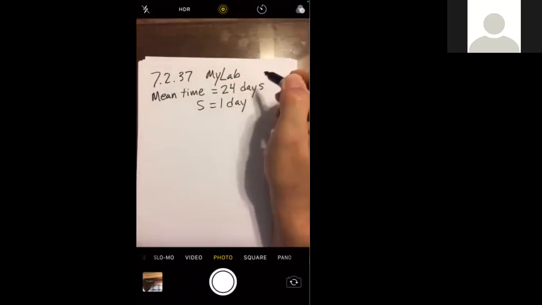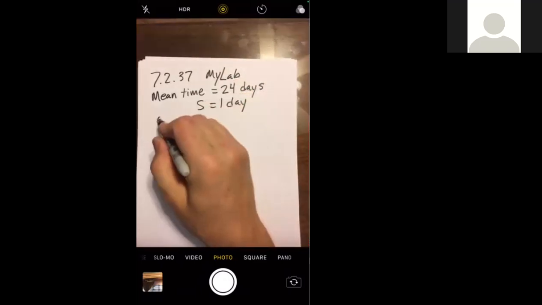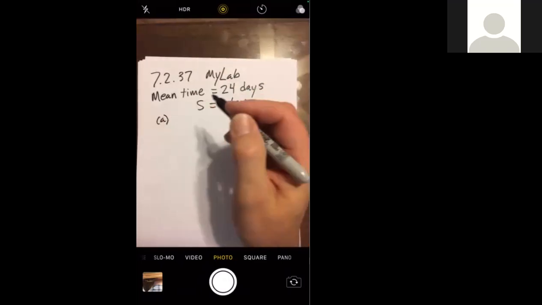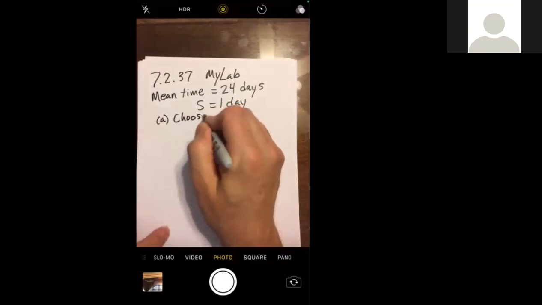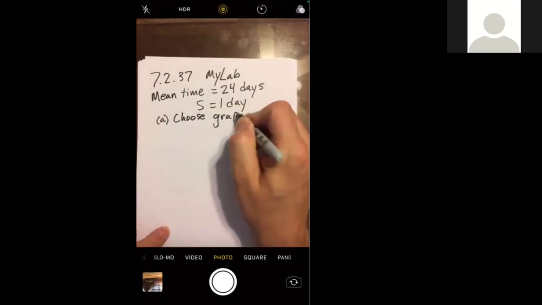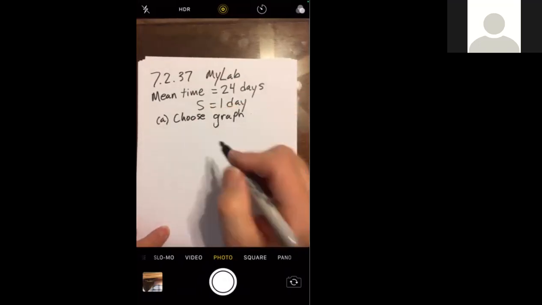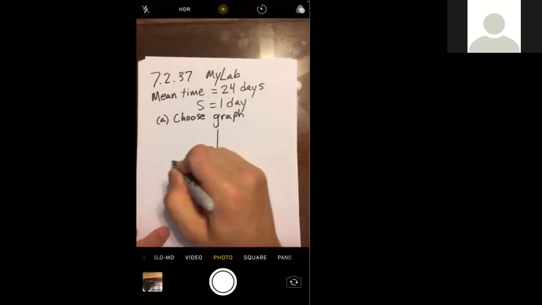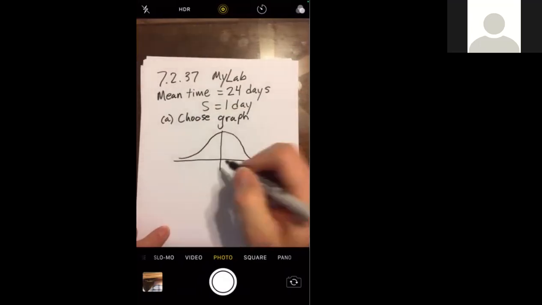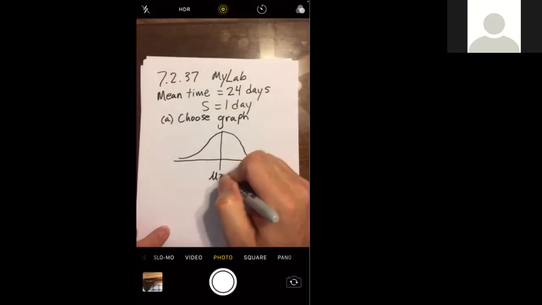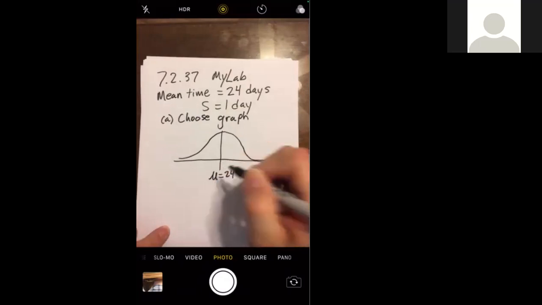So part A, you have to choose the graph. With just this information, you should choose a graph that looks like this, with the mean of 24 days in the middle.